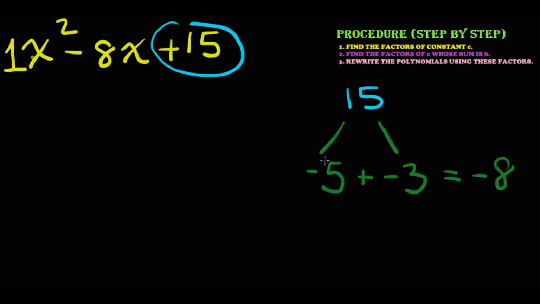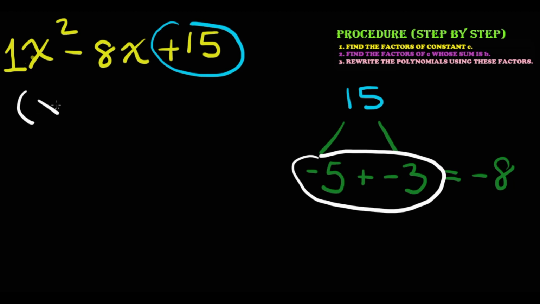Okay, so we're going to go ahead and use these two numbers and put it in factor form. So it's going to be x minus 5. That's one of the factors. What's the other factor? Well, the other factor is just going to be x minus 3.